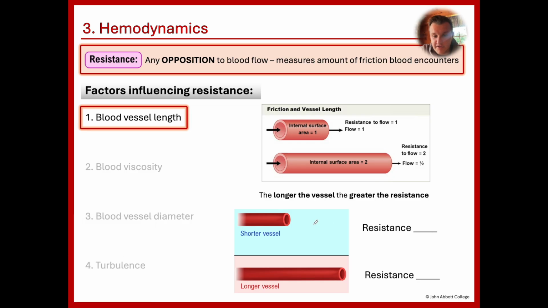Let me write it over here. Here I have a short vessel, right? My resistance is very low because I have a shorter distance to travel. The molecules won't lose their energy as they get to the end. Here I have a long vessel, so all these molecules of blood will be bouncing around, and by the time I get to the end, they lose a bit of that energy, and the resistance is going to be very high, and it's just going to leak.